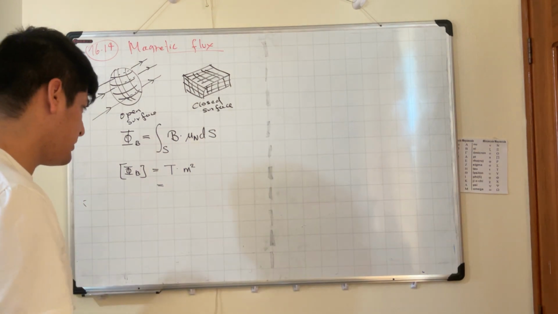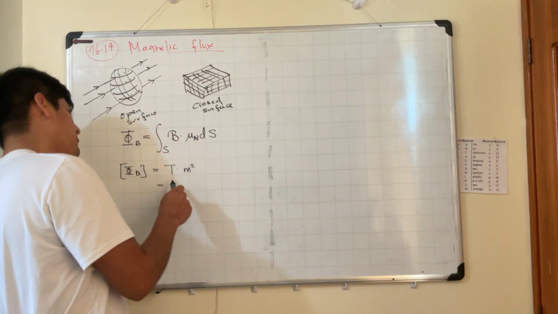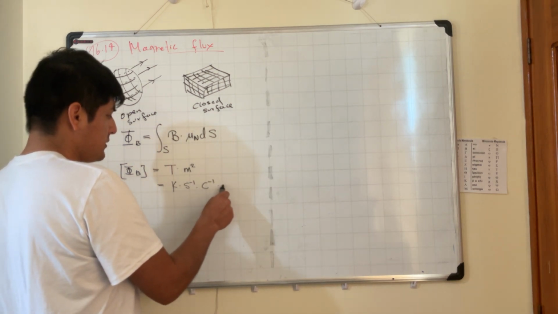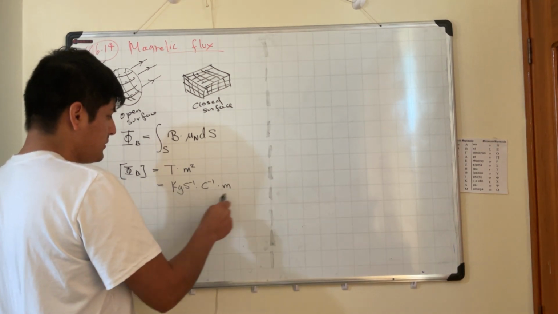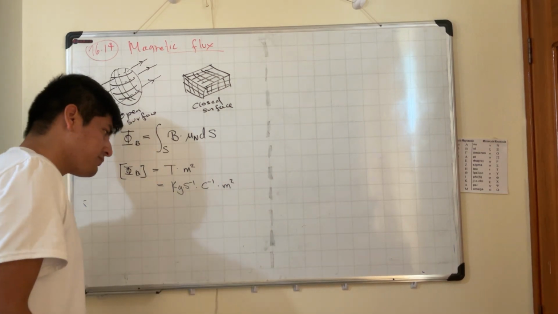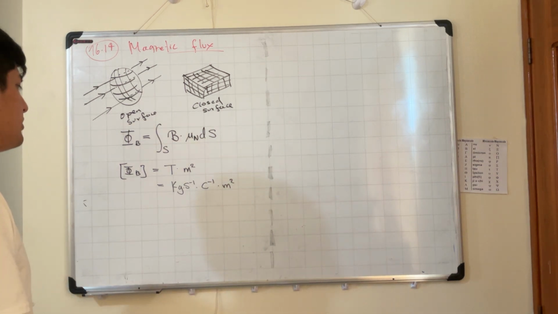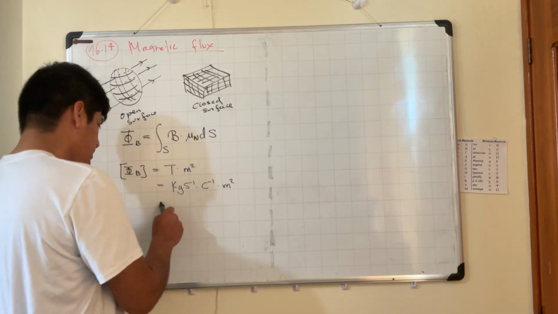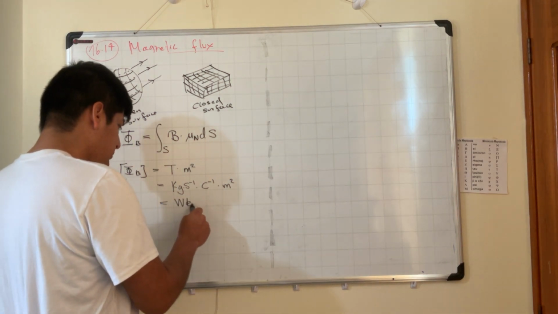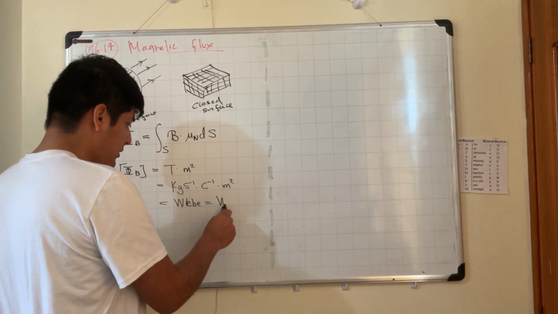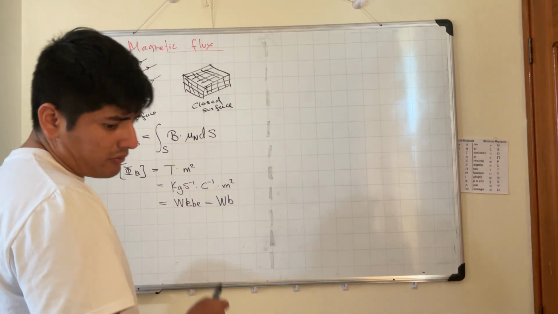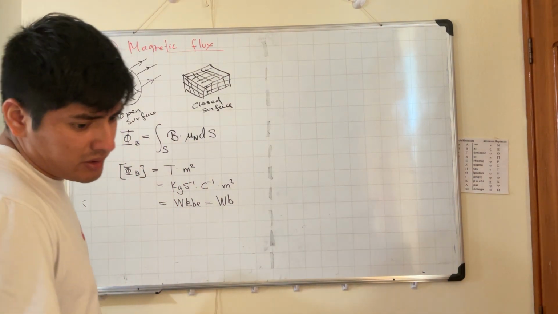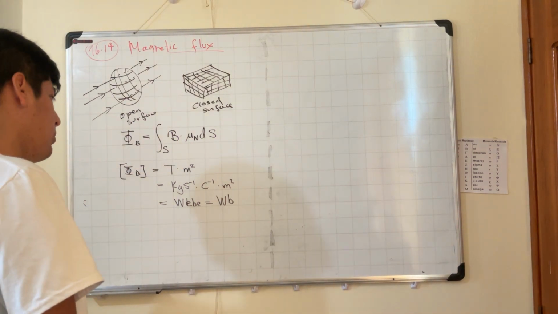In other words, kilograms, seconds minus 1, coulombs minus 1 times meters squared. This unit is called the Weber, for the German physicist Wilhelm E. Weber.